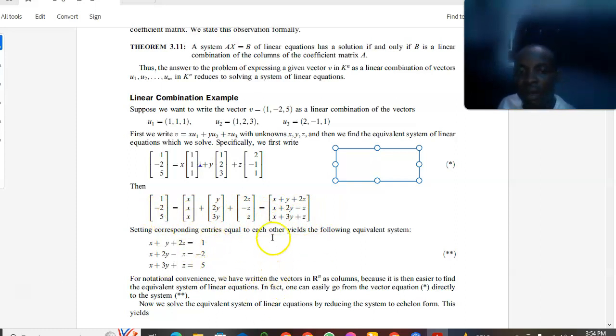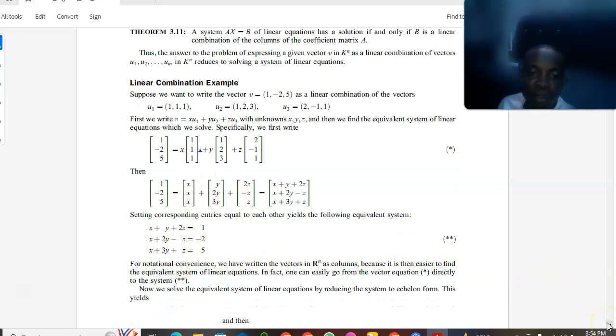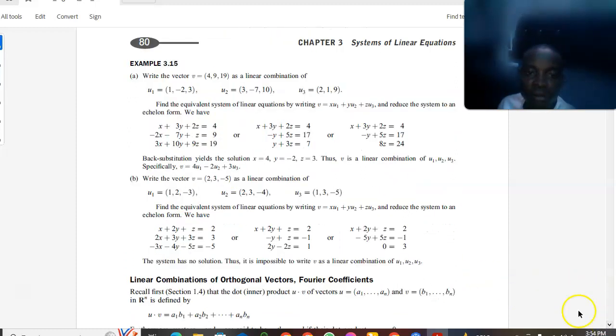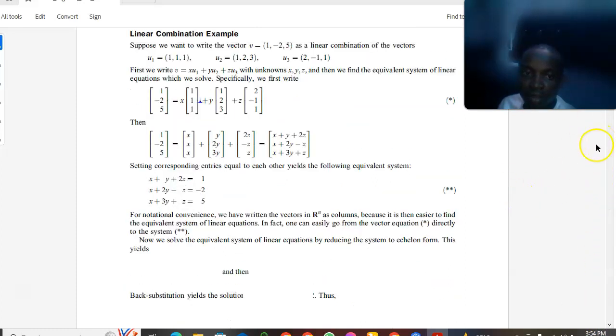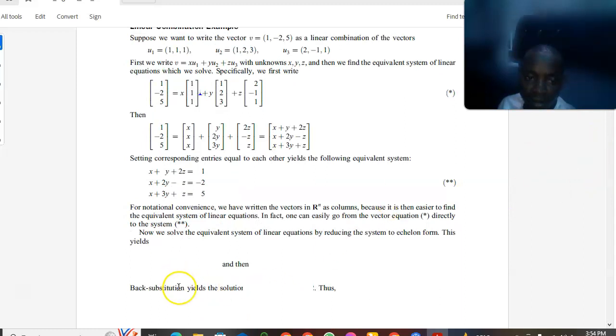So from what we have here, by row reducing, echelon reducing, we are trying to get the values of x, y, and z.